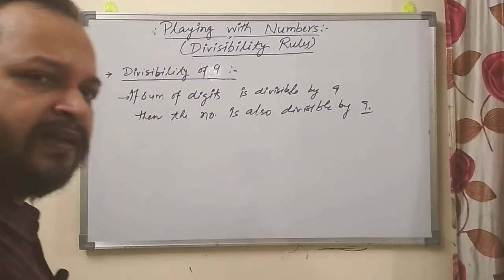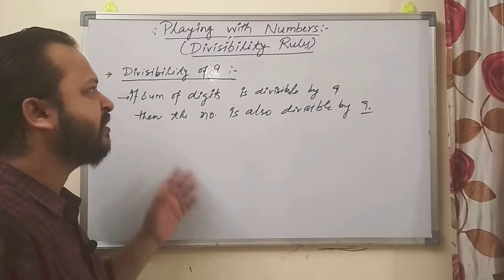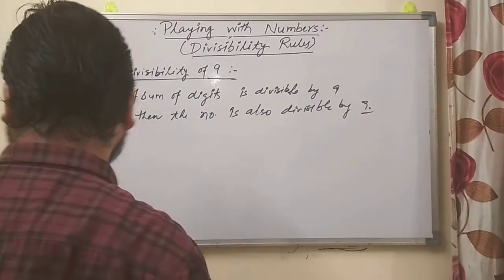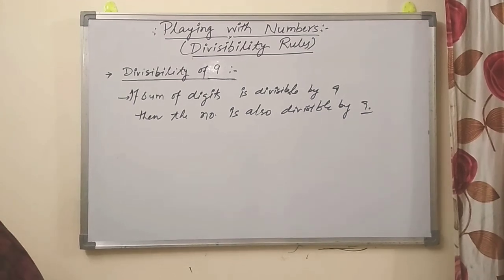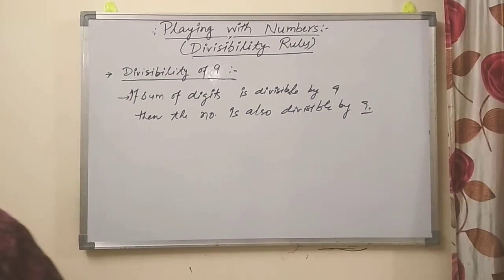This is also the same as the divisibility rule of 3. 3 and 9 both are the same in divisibility rules.